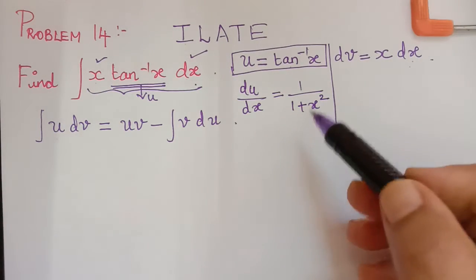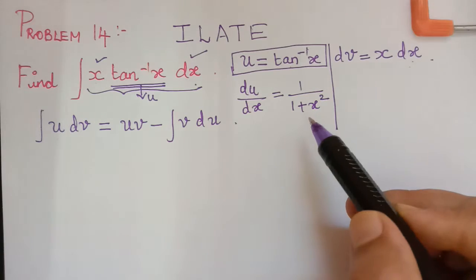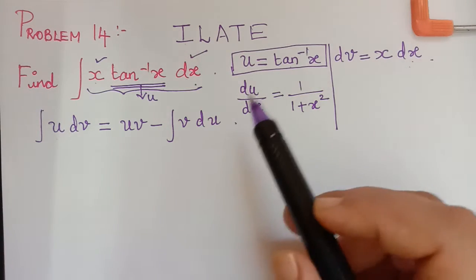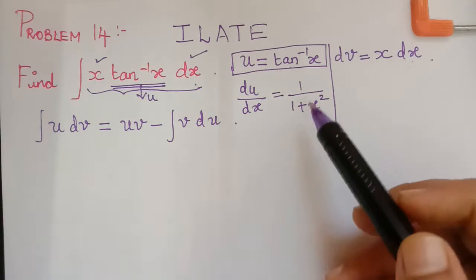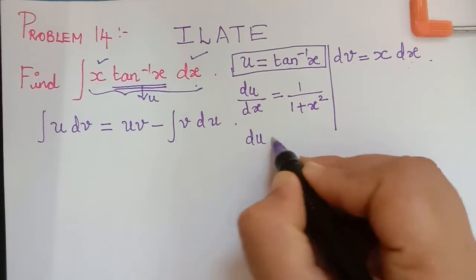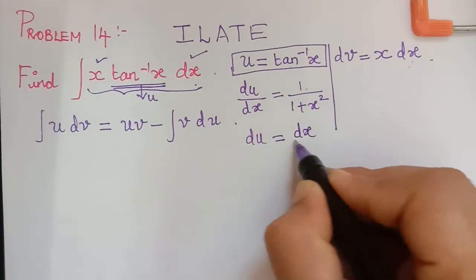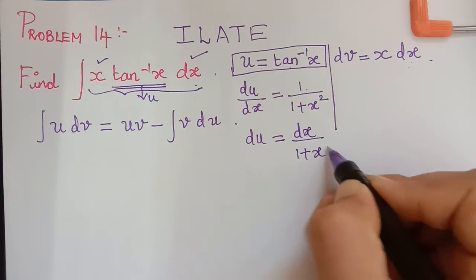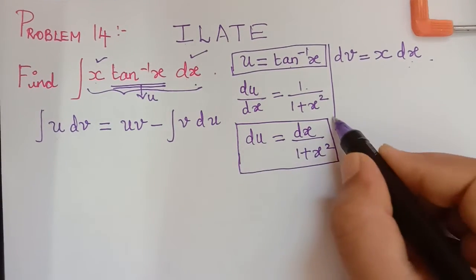Already I have given the formula of differentiation and the formulas of integrations as well in our previous lectures. If you find the playlist, you can find all those formulas over there. So from this we can write du to be equal to, taking this dx over here, dx divided by 1 plus x square. So this is our du that we have obtained.